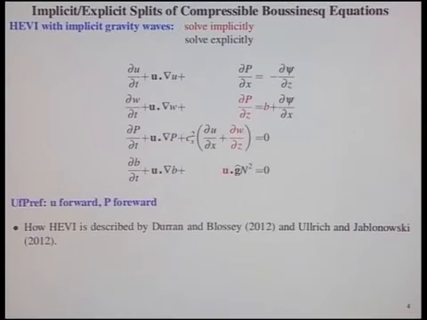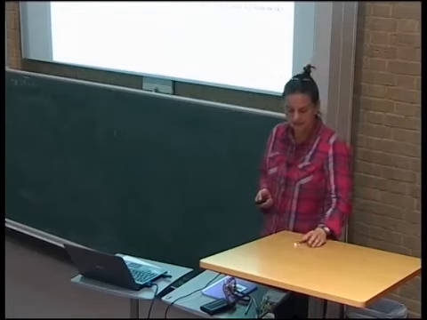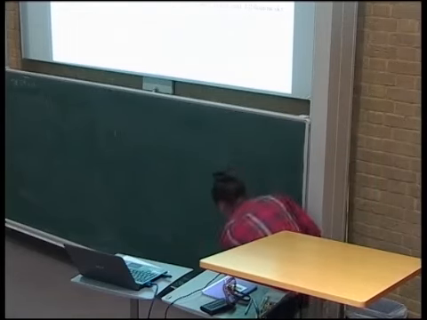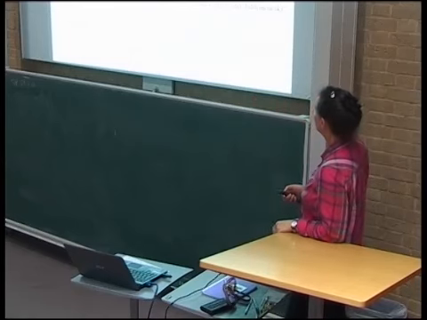Horizontally explicit, vertically implicit. I'm now redefining what is fast and what is slow. So now I'm assuming just the vertically propagating waves are fast and the horizontally propagating waves are slow with respect to the grid. Now I've split up the horizontal velocity momentum and the vertical momentum, and this is the standard way that you will see horizontally explicit, vertically implicit.